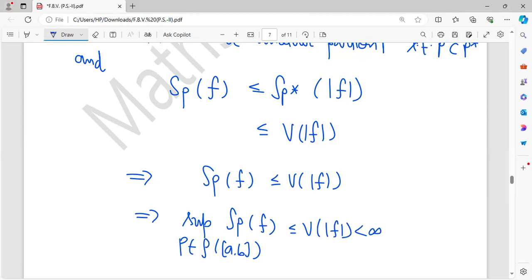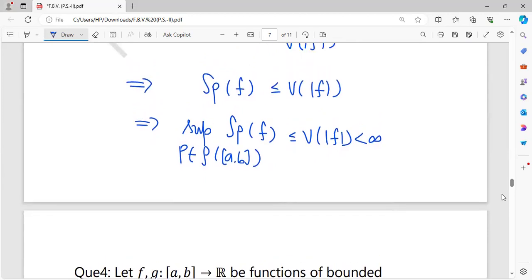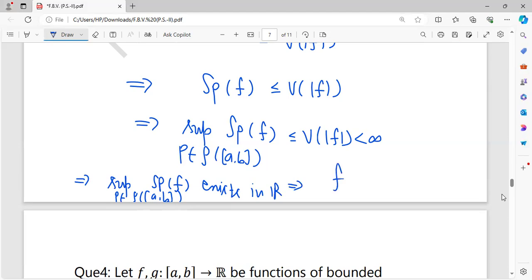It means this exists. It means supremum P belongs to row AB, SPF exists in R. So this implies F is function of bounded variation.